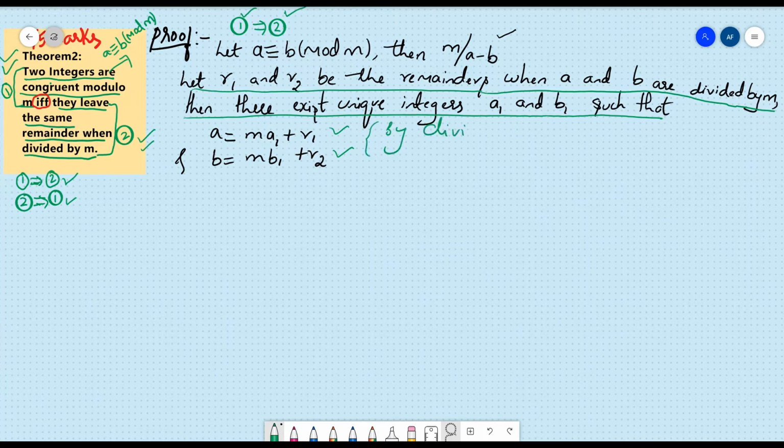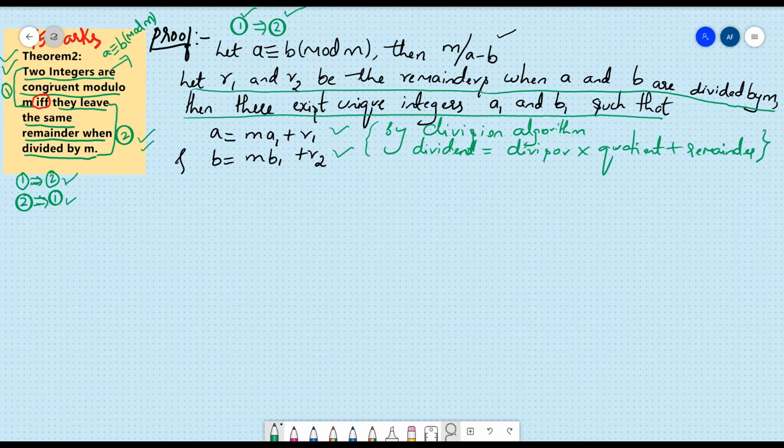In simple words, it is nothing but dividend is equal to divisor into quotient plus remainder. That is the meaning of the division.